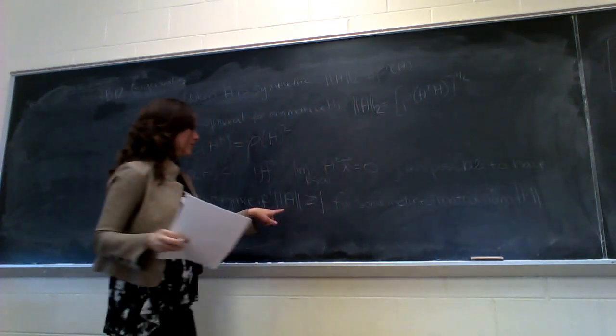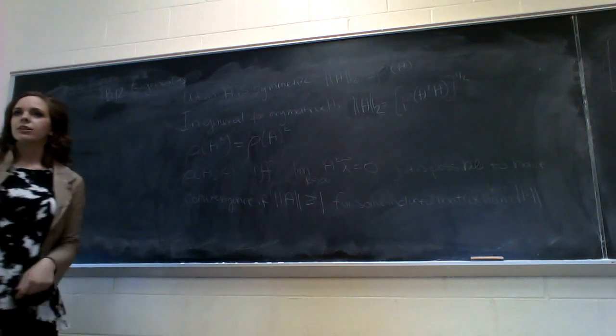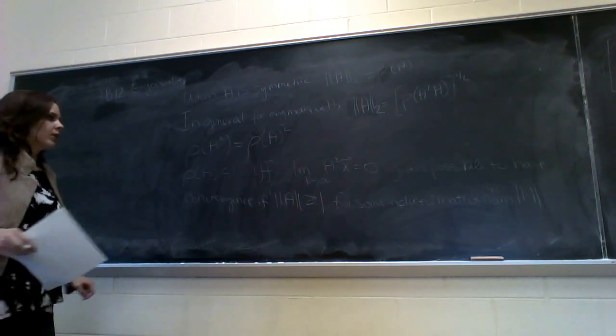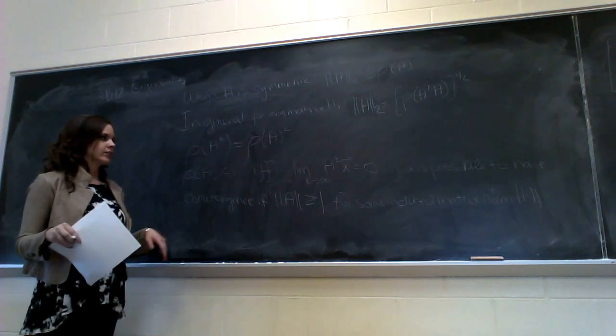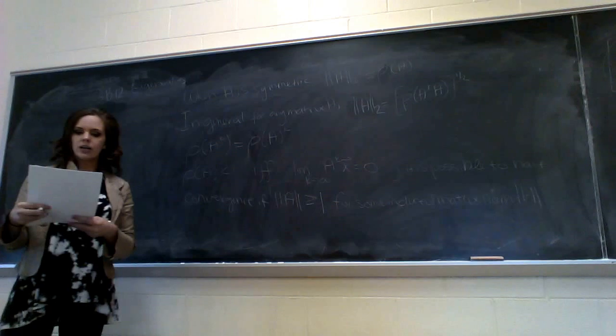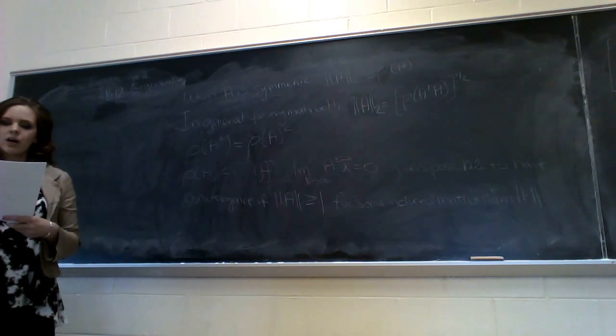Now, requiring that the norm of A be less than 1 was our sufficient condition that we discussed at the beginning of class. But it is possible for this convergence to happen even if the norm of A is greater than or equal to 1.